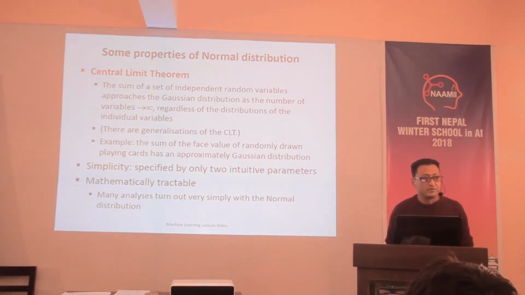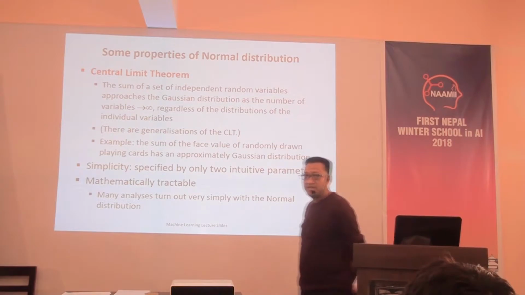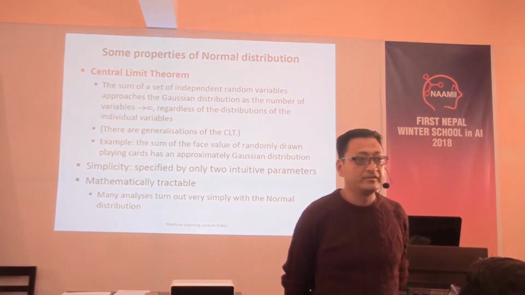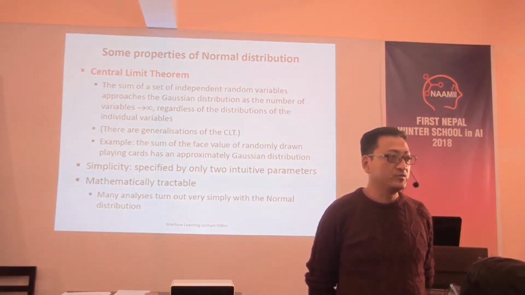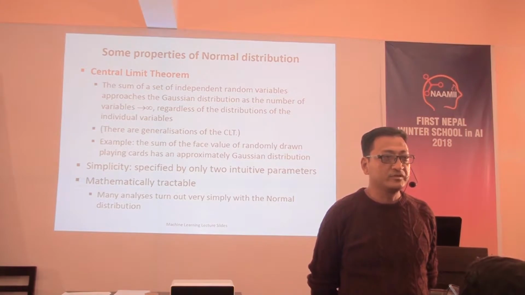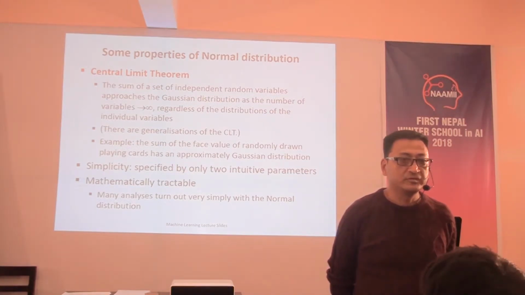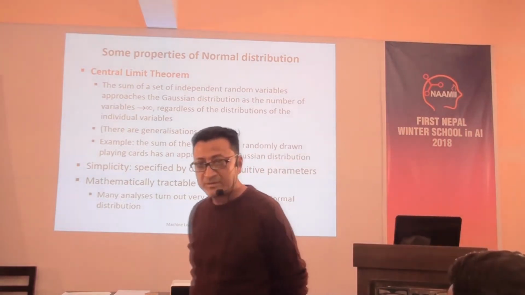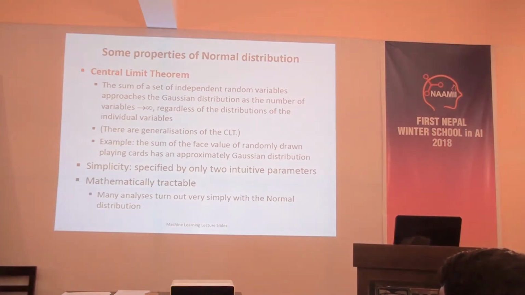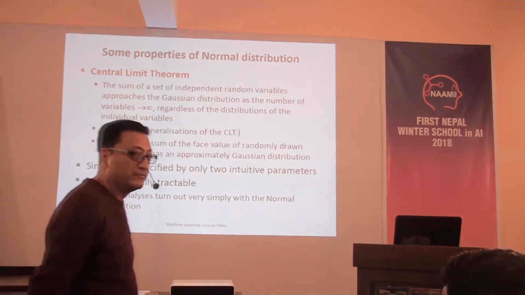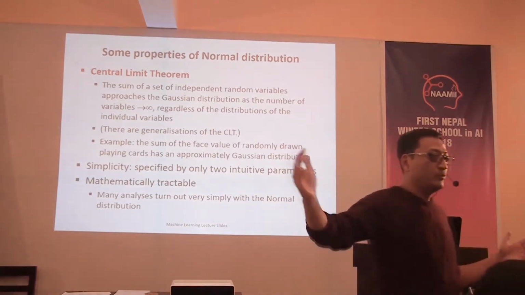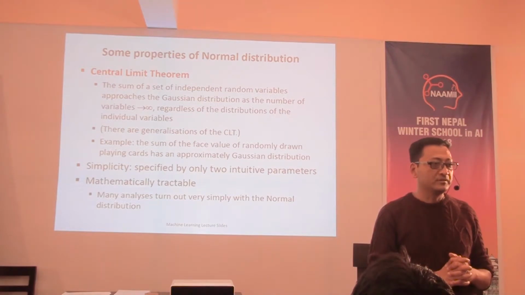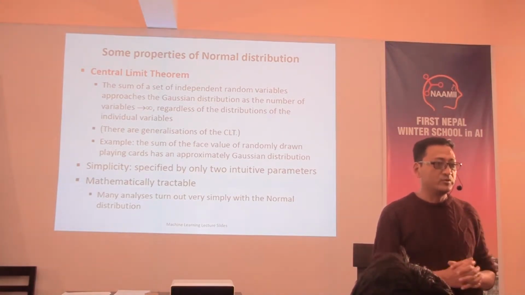The central limit theorem says that if you take any distribution or any combination of distributions, it doesn't even matter that the different distributions come from the same distribution, arbitrary distributions, and you calculate the distribution of their sum, then as the number of components inside this sum approaches infinity, that distribution always converges to a Gaussian distribution, regardless of what the original distributions are.